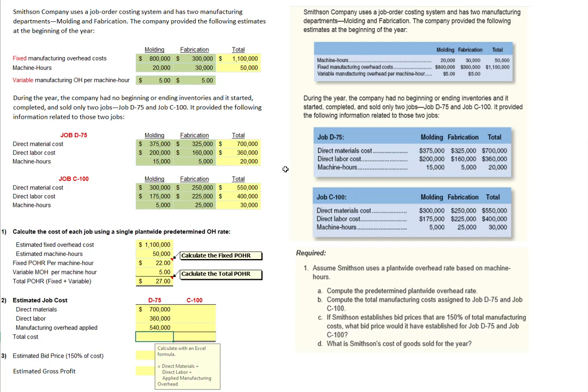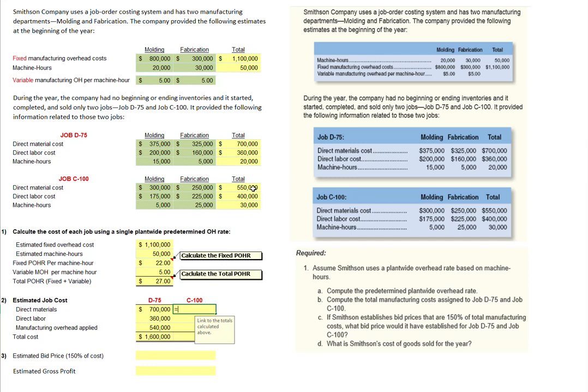Total job cost estimate for D75 is the $700,000 plus the $360,000 direct labor plus the $540,000 in applied manufacturing overhead, $1,600,000.